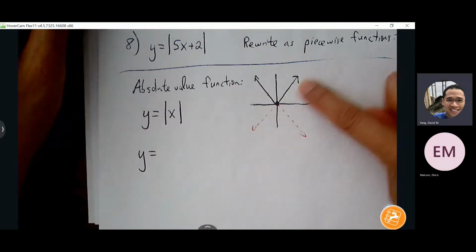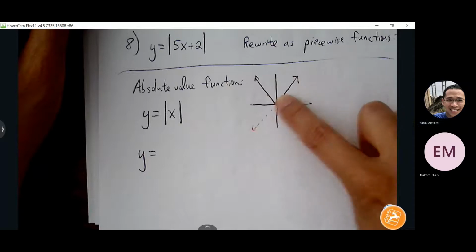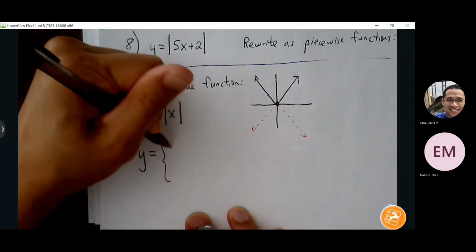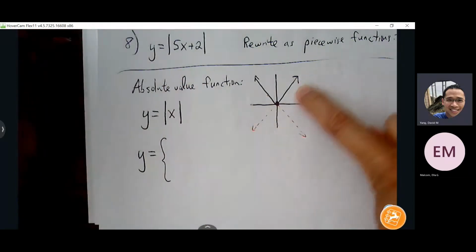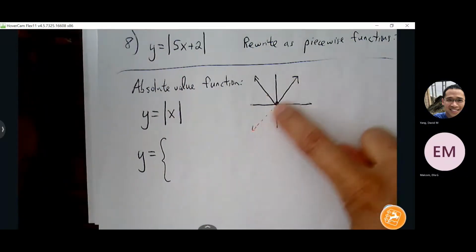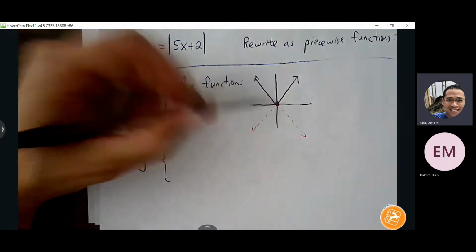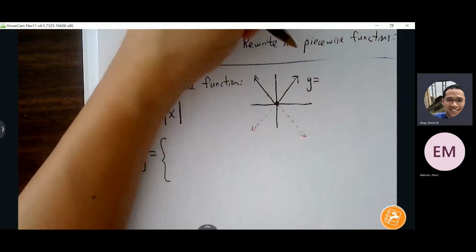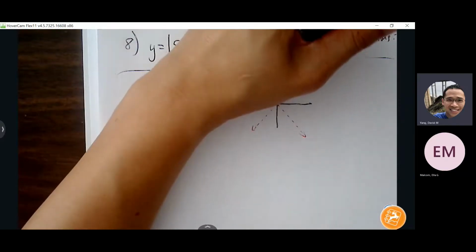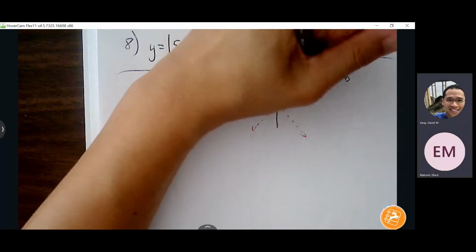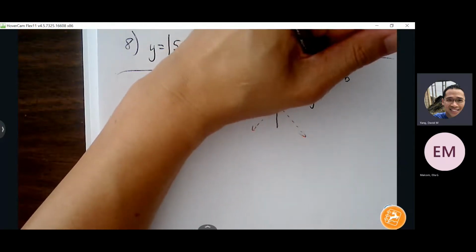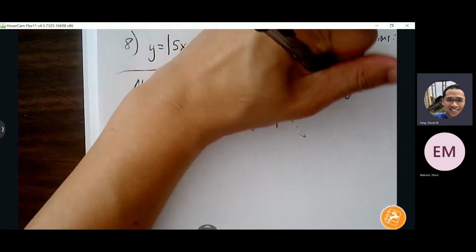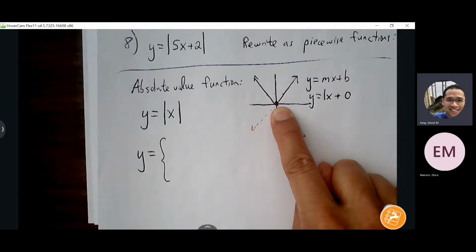Imagine we want to create this line here. This line is basically y equals x, because the slope is 1 and it goes through 0. If we put this line segment in slope-intercept form, it'll be y equals 1x, because the slope is 1, up 1 over 1, plus b, so plus 0, because the y-intercept is 0.